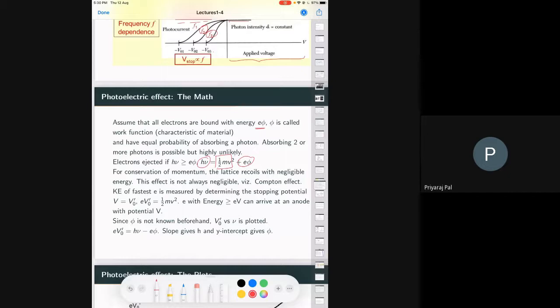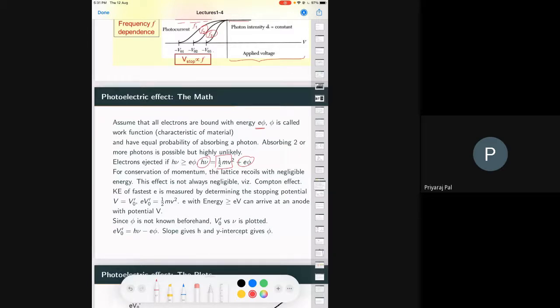Can you again tell about that 2 or more photons can be absorbed by an electron? Okay, I just want to say that in the explanation for photoelectric effect, Einstein assumed that every electron absorbs only 1 photon to get emitted, but it is not impossible that it absorbs 2 or more photons, but it is highly unlikely.